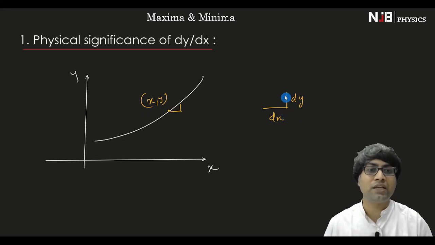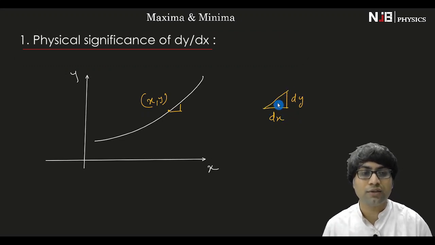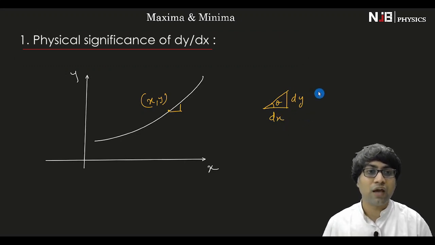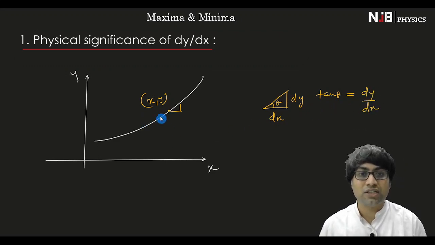So what is meant by dy by dx? If you just join these 2 points, then this angle theta, then dy by dx is nothing but tan of this angle theta. And therefore, we can actually say that dy by dx is nothing but the slope of this particular line. Now, what is this particular line?